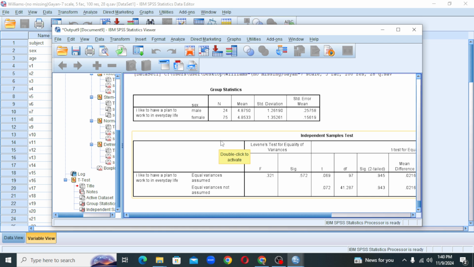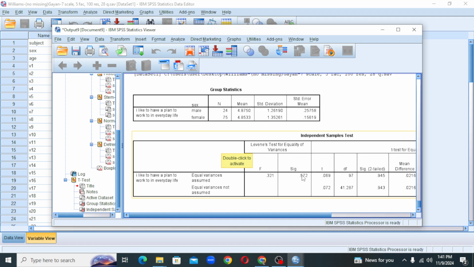first assumption is normality and outliers. Second assumption is that population variance is equal. To decide that, you have to refer to the Levene's test for equality of variance. That is 0.572, meaning non-significant.